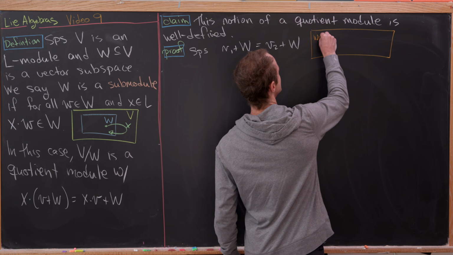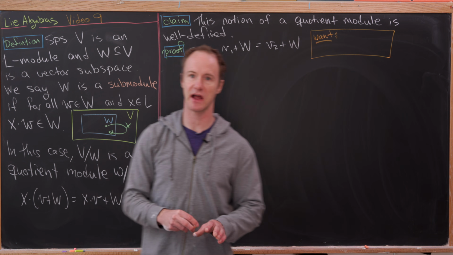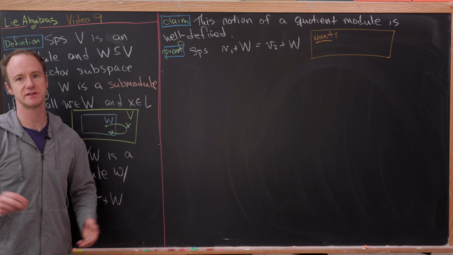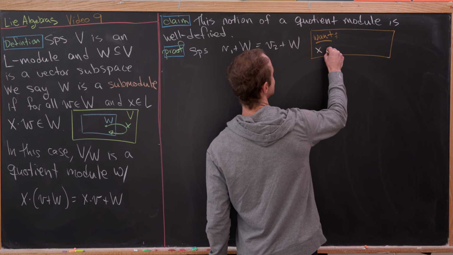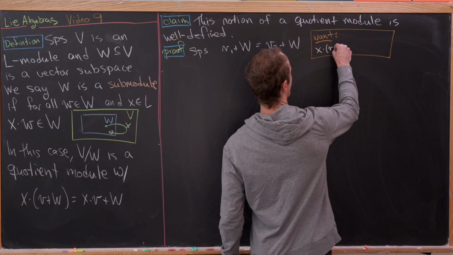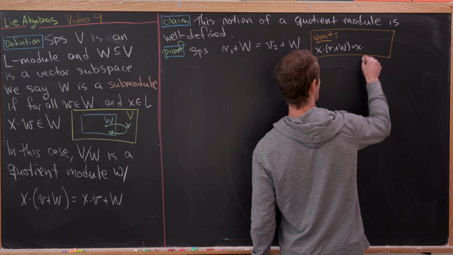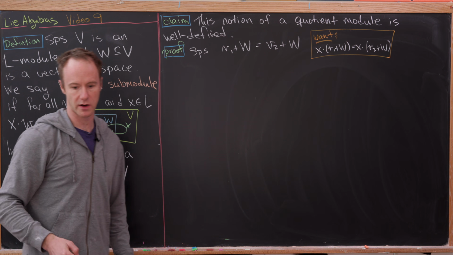And so what we want to show is that the action by any Lie algebra element will take each of these named cosets to the same place. In other words, we want X dot v1 plus W to be the same thing as X dot v2 plus W. So that would make it work.